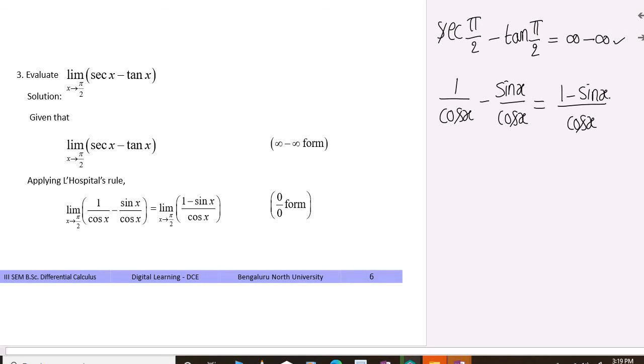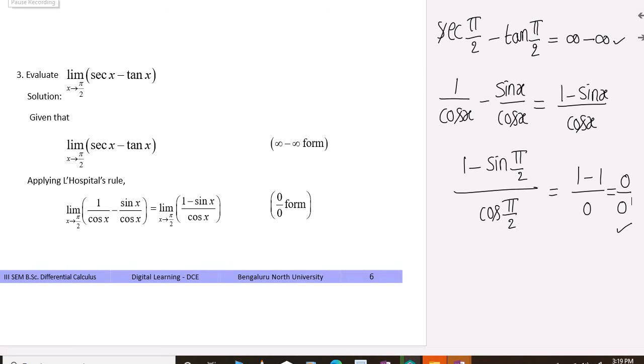Now substitute x equal to pi by 2. 1 minus sin pi by 2 divided by cos pi by 2. Sin pi by 2 is 1. Cos pi by 2 is 0. 0 by 0. This is also an indeterminate form.